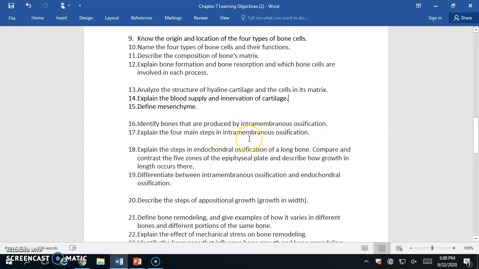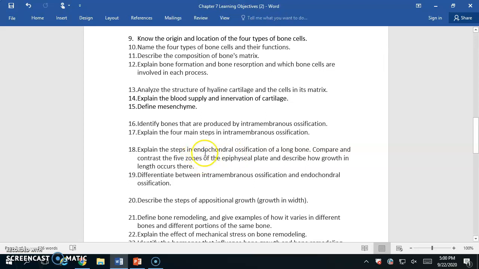So we have another type of ossification that happens, and this one is the more prevalent type because the majority of our bones are going to develop through this type of ossification. And they call it endochondral ossification.